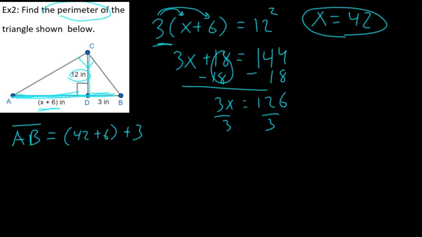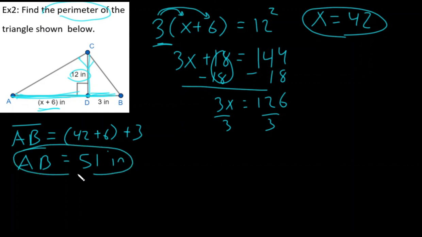So 42 plus 6 plus 3, if you just use your calculator, you'll find out that AB is equal to 48 plus 3, which would be 51. And so AB is 51 inches long. That seems crazy. This is clearly not drawn to scale.